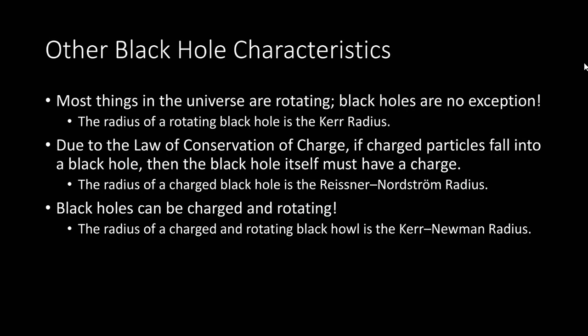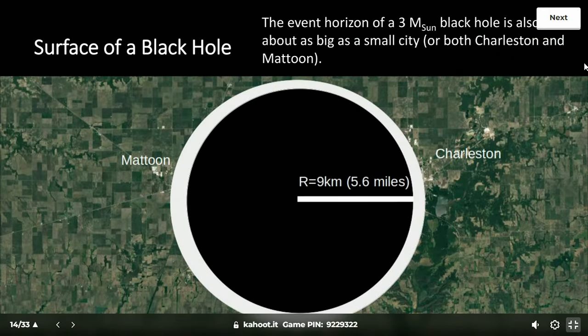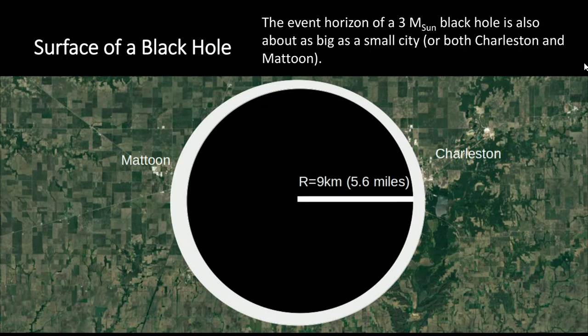It turns out that the Schwarzschild radius is the largest radius of the black hole, so it's a good approximation to make. If you start adding rotation and charge, you end up just making your black hole smaller. So what is the size of a stellar mass black hole?